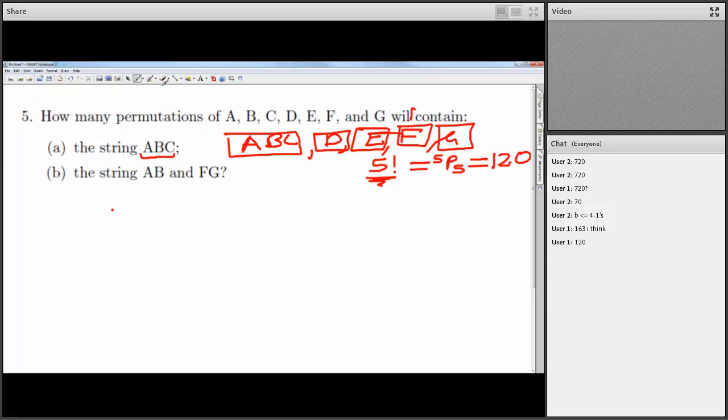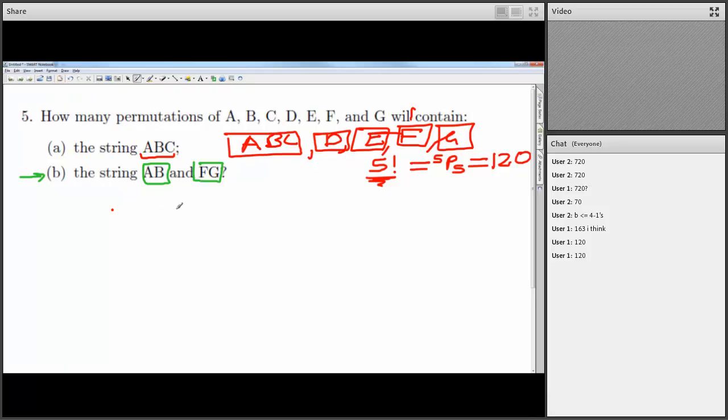So what about the second situation, 5B here? How many different permutations are there if you insist that A and B have to be next to each other and in that particular order, and F and G have to be next to each other and in that particular order?